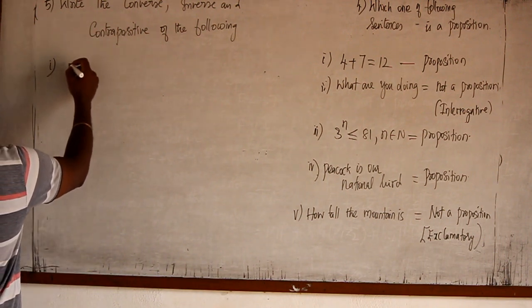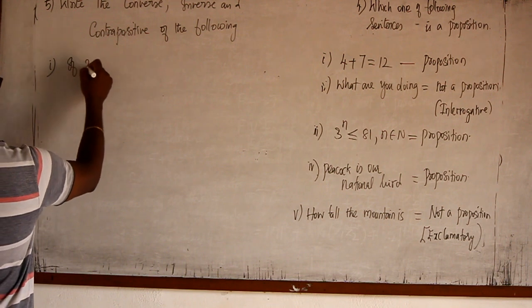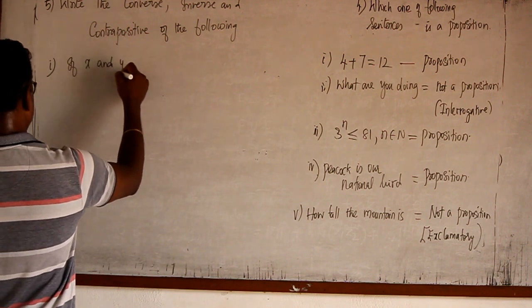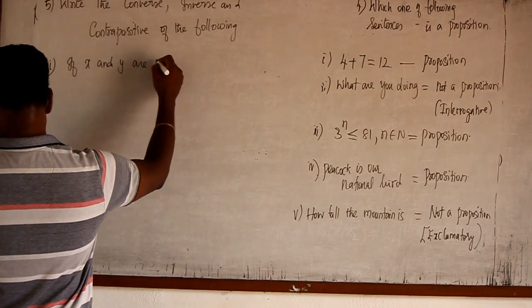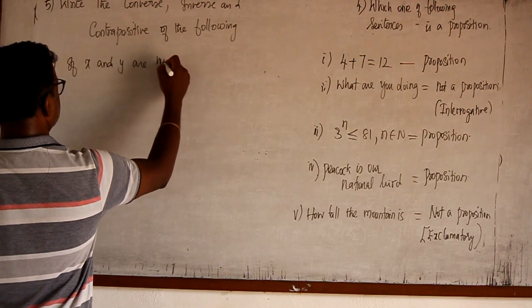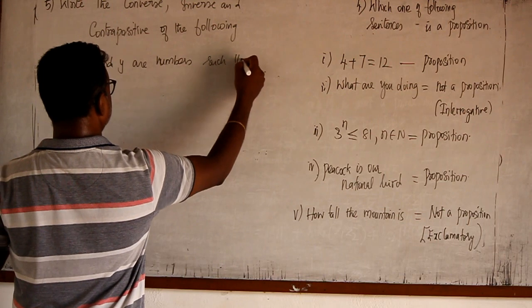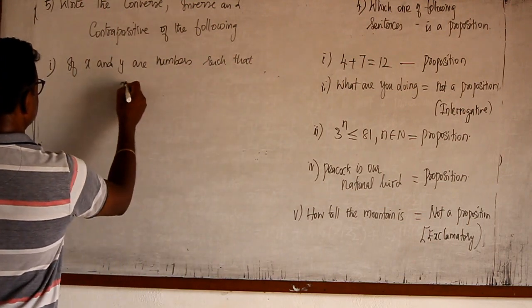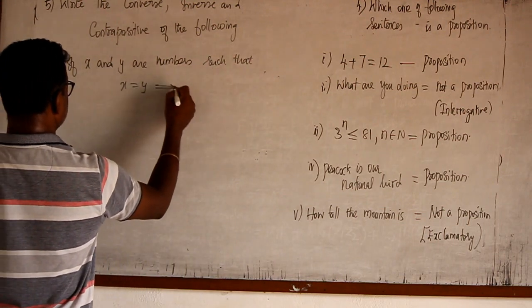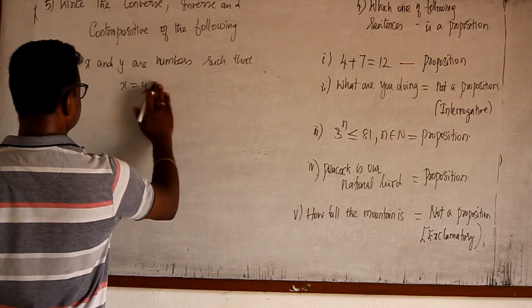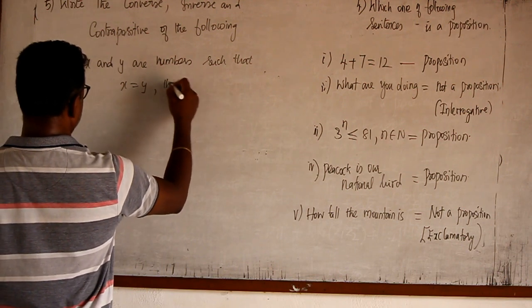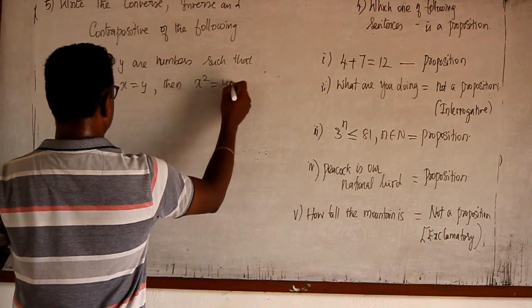So the first question is: if x and y are numbers such that x equal to y implies x square equal to y square.